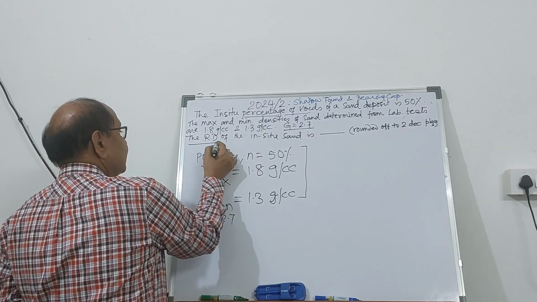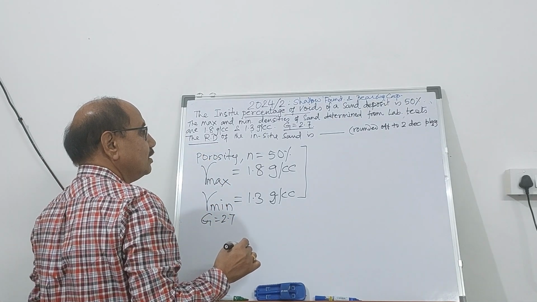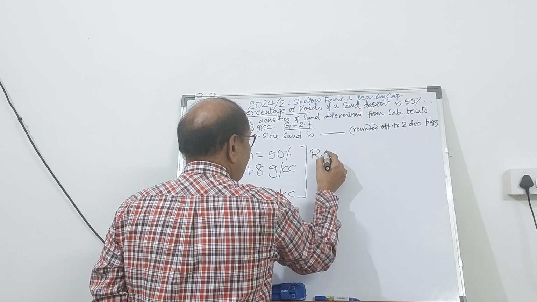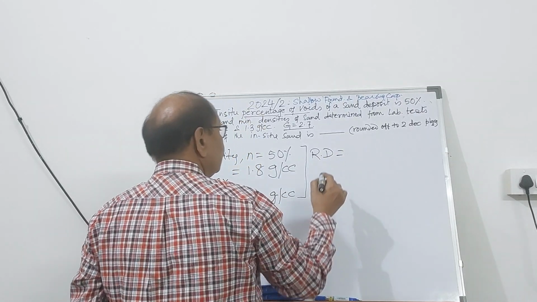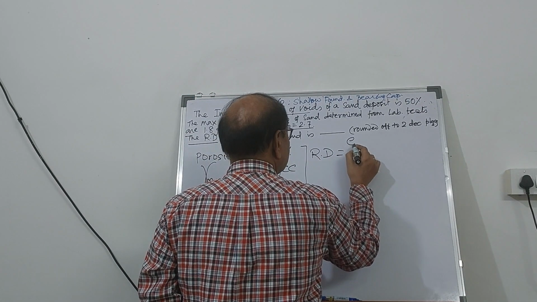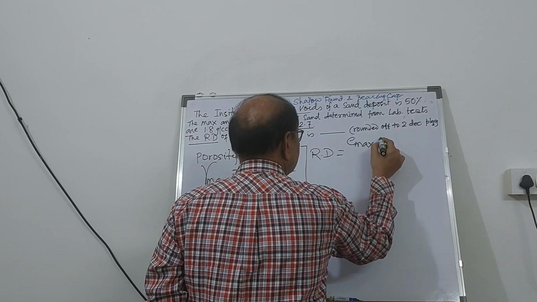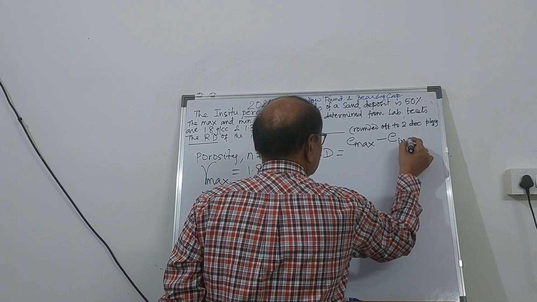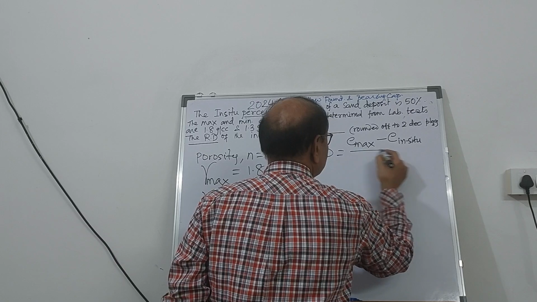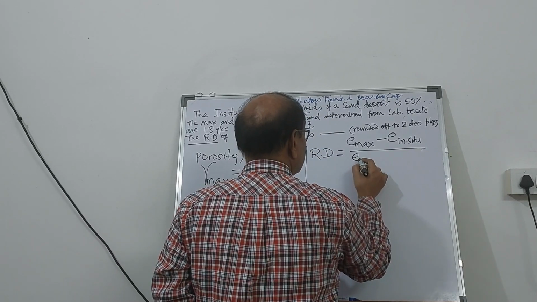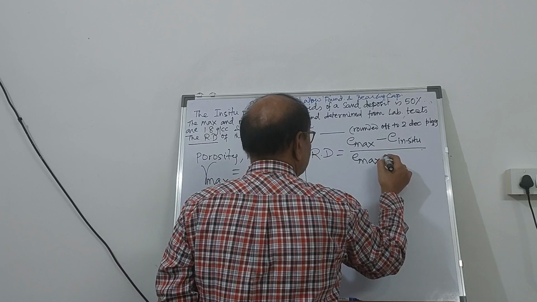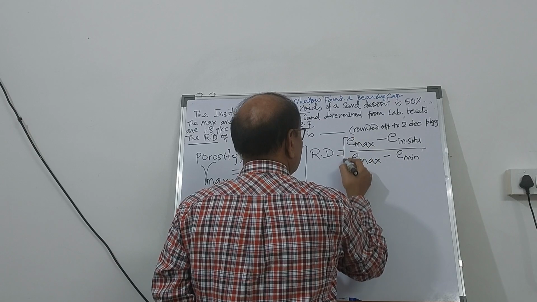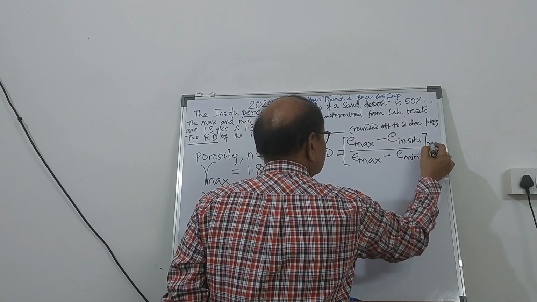The relative density of the in situ sand, we have to find out. The simple formula for relative density is known to you, that it is given by E max minus E in situ, the void ratio of in situ soil mass, divided by E max minus E minimum, whole multiplied by 100 in percentage.